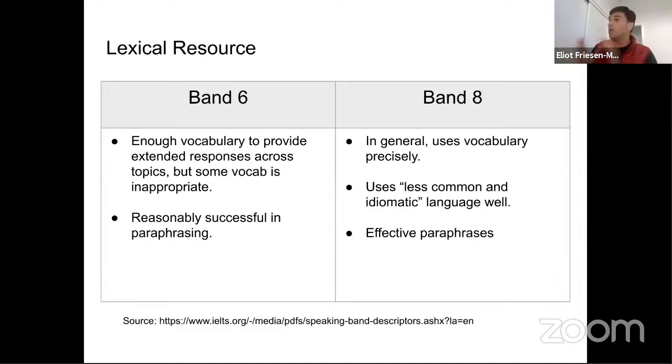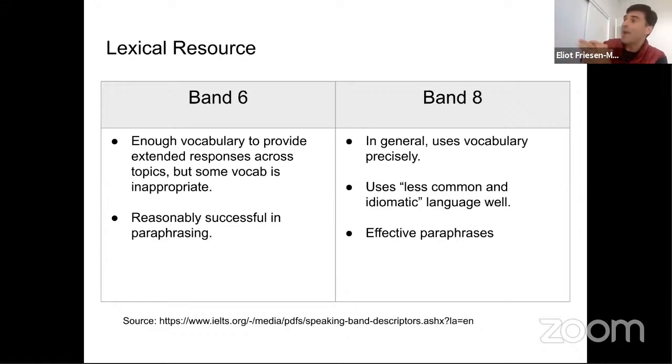So now going through lexical resource. We're thinking about vocabulary, right? This is the vocabulary category that they use also in the writing assessment. So much of what we're talking about here will also pertain to writing as well, even though it's slightly differently formulated in the rubric. It's in general very consistent across the two exercises.